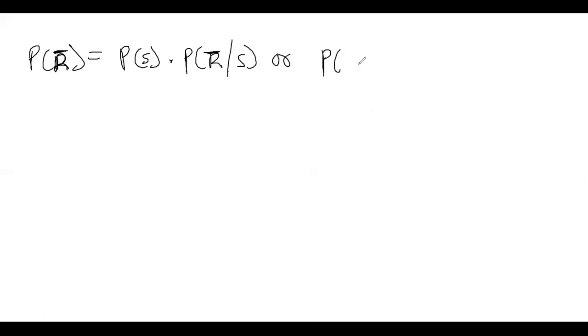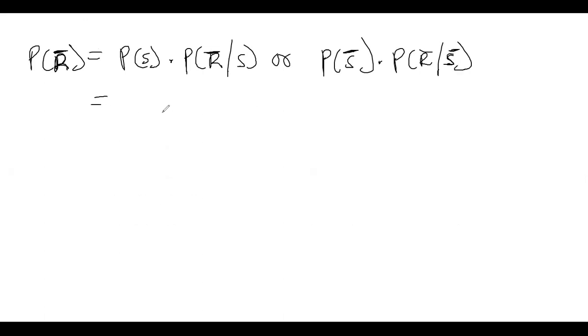Now, if you have retained or you have not replaced, so R bar is not replaced, it could be that you increased share price and have not replaced based on the fact that you have increased share price, or you did not increase share price and you have not replaced based on the fact that you did not increase share price.